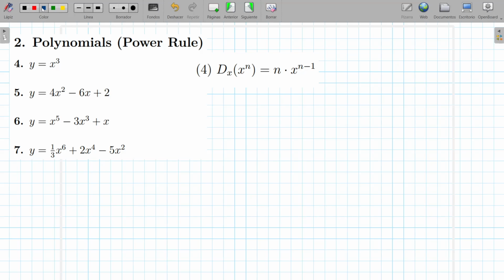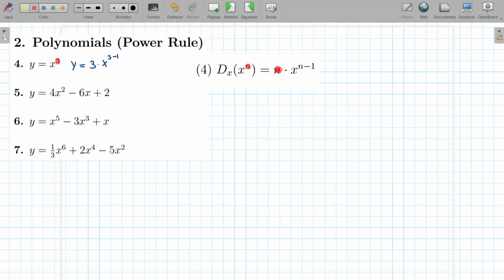So, for example, for this exercise, we are going to do 3 times x, and then instead of n minus 1, n is 3. So we have 3 minus 1. Like I explained in class, I would like you to take a look. This 3 is the same as n right here.